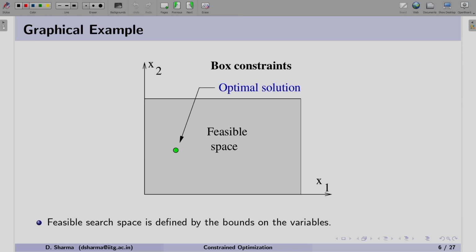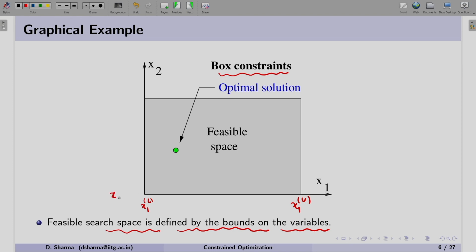So, the first graphical example is shown for box constraints, meaning that the feasible search space is defined by the bounds on the variables. As you can see in this picture, we can have a lower bound on x1. Similarly, I can have an upper bound on x1.